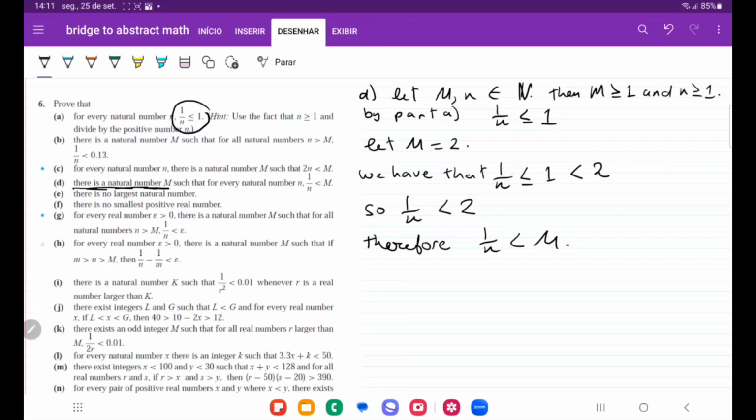So we have shown what we need to show, and our conclusion is: thus, there exists an m belonging to the set of natural numbers such that for all n belonging to the set of natural numbers, 1 over n is less than m. And that is it for item D.